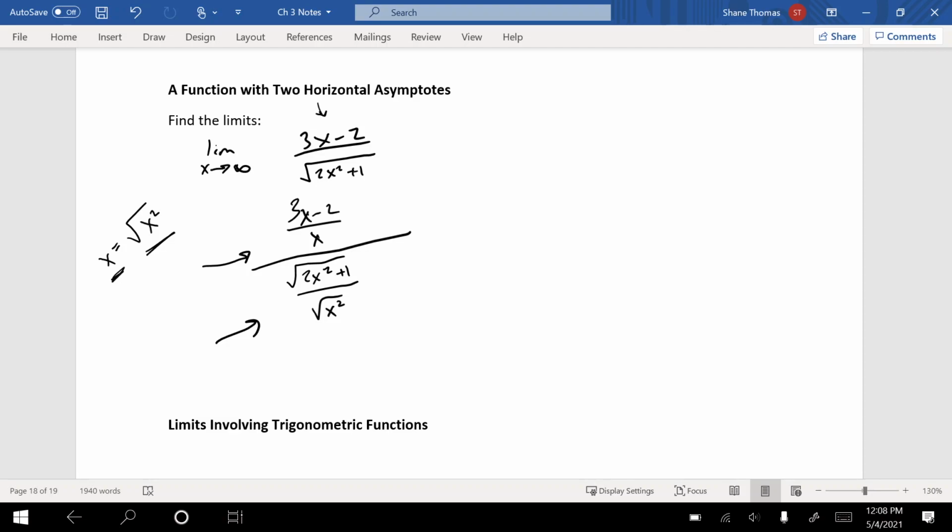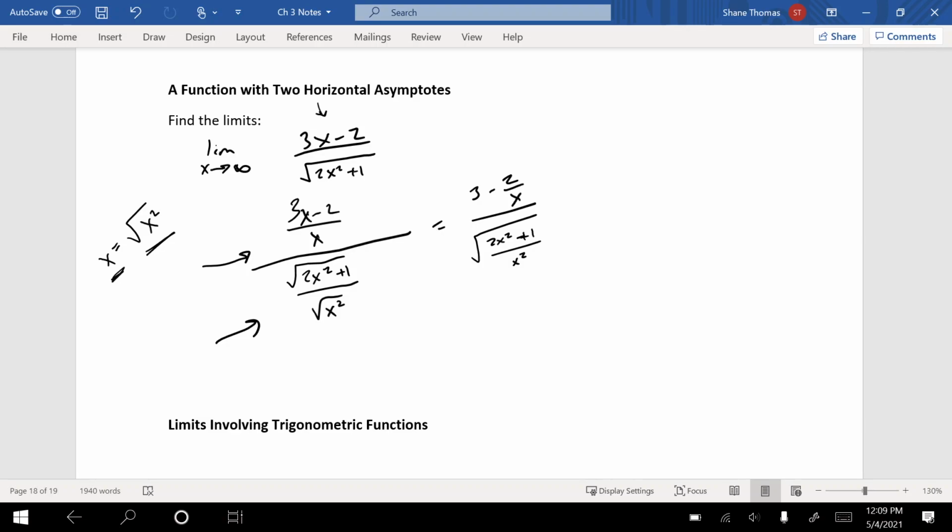Okay? So now on top, we end up with 3x divided by x is just 3 minus 2 over x. On the bottom then, I'm going to have the square root of 2x squared plus 1 over x squared.